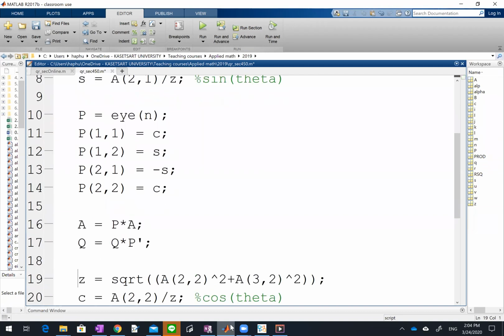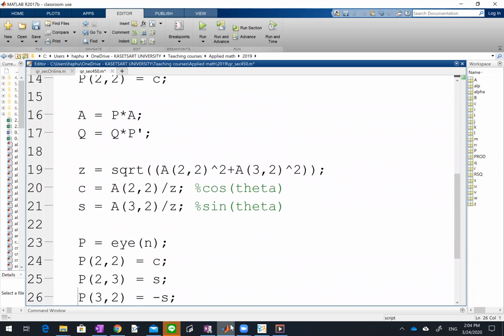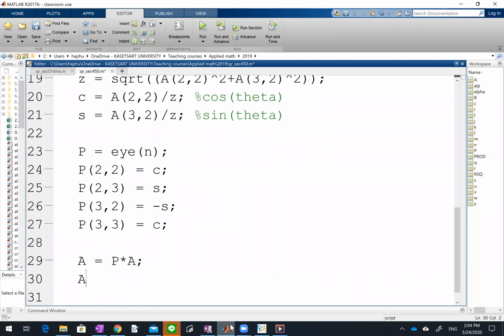Once I have my Q updated, my Q in the next round is going to be Q times the new P transpose. So once I have my new P, I multiply my new P transpose with my Q. Then I run it. Oops, did I do something wrong?